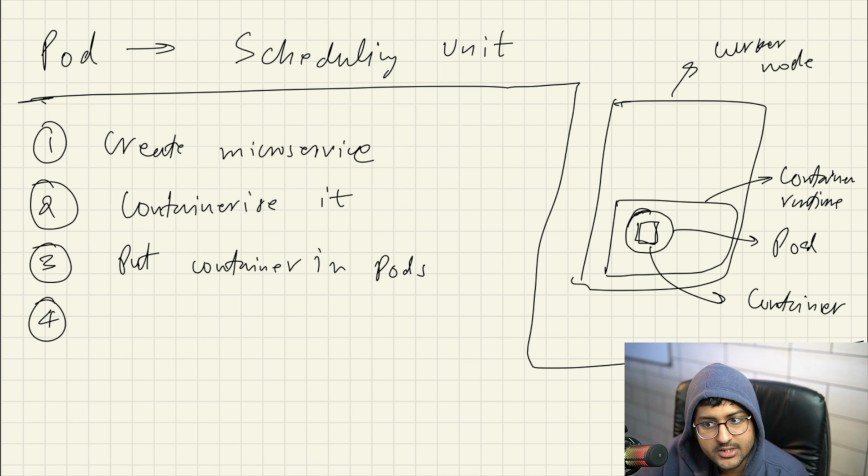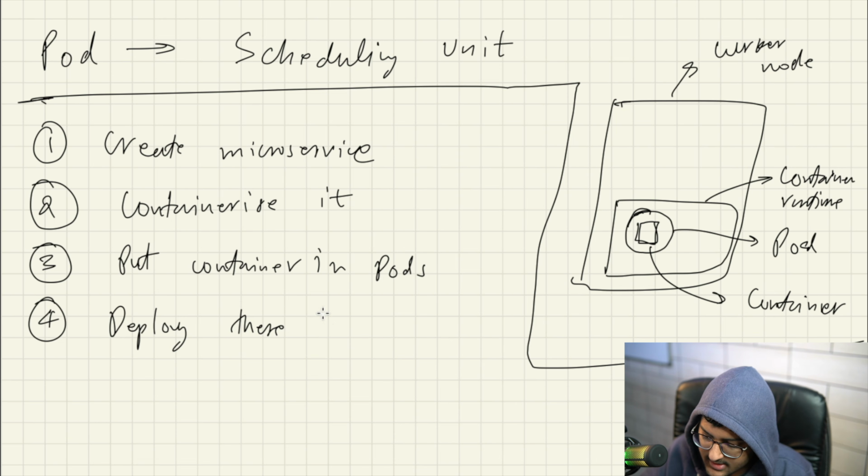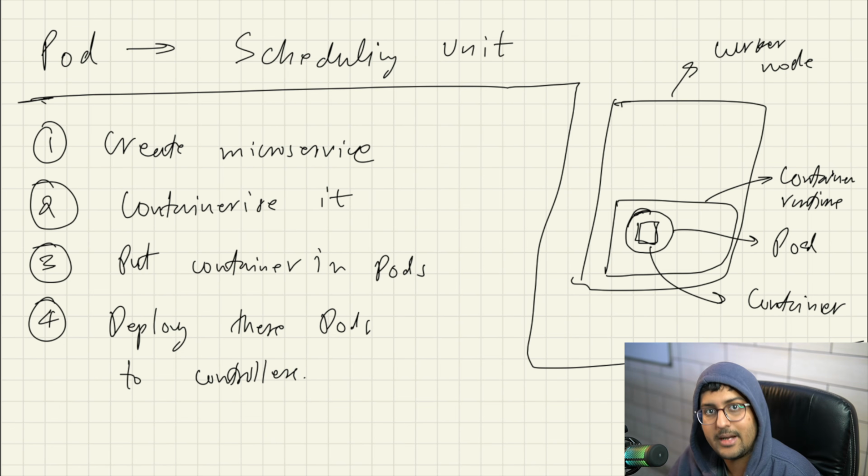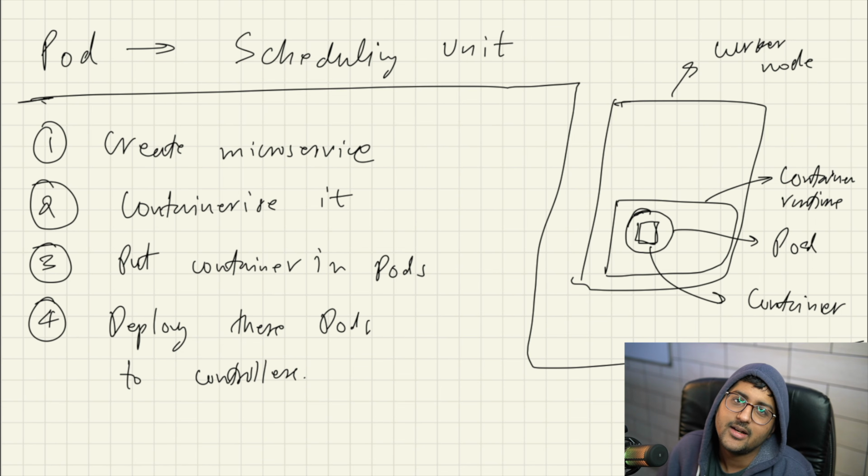What is the fourth point? Deploy these pods to controllers in Kubernetes. Controllers are something we'll learn about later on. Deploy these pods to controllers, such as deployments. In Kubernetes, there's another object called deployments. You can imagine it as, maybe not 100% accurate, a primitive data type and a complex data type.